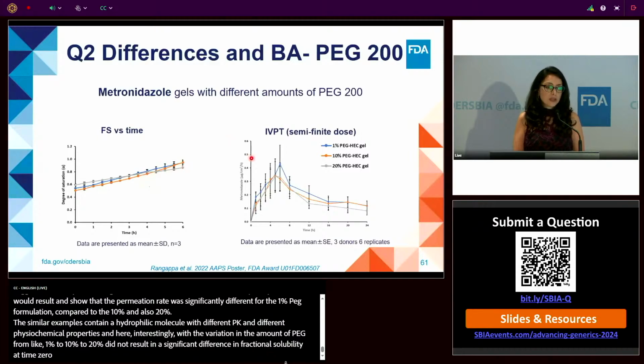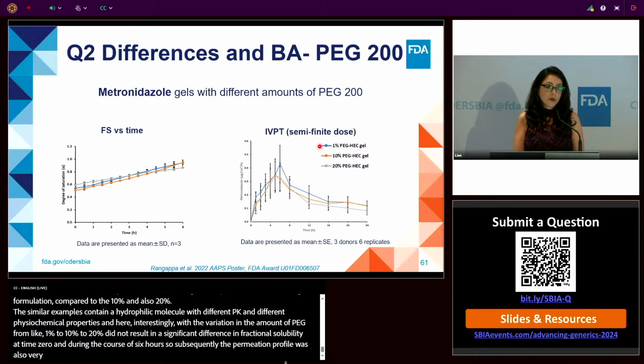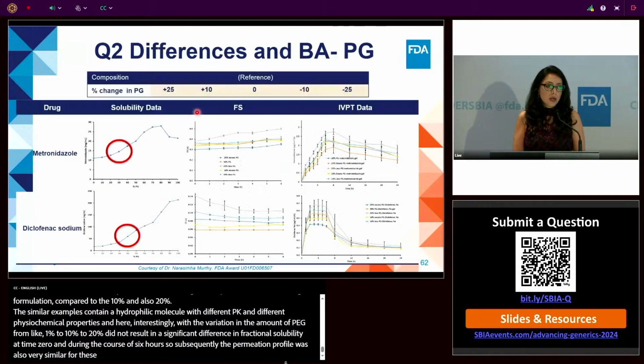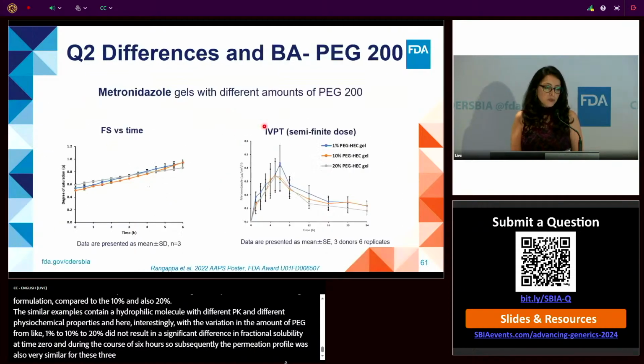Subsequently, the permeation profile was also very similar for metronidazole from these 3 formulations. So we were able to establish a nice correlation between the drug bioavailability and the thermodynamic activity.